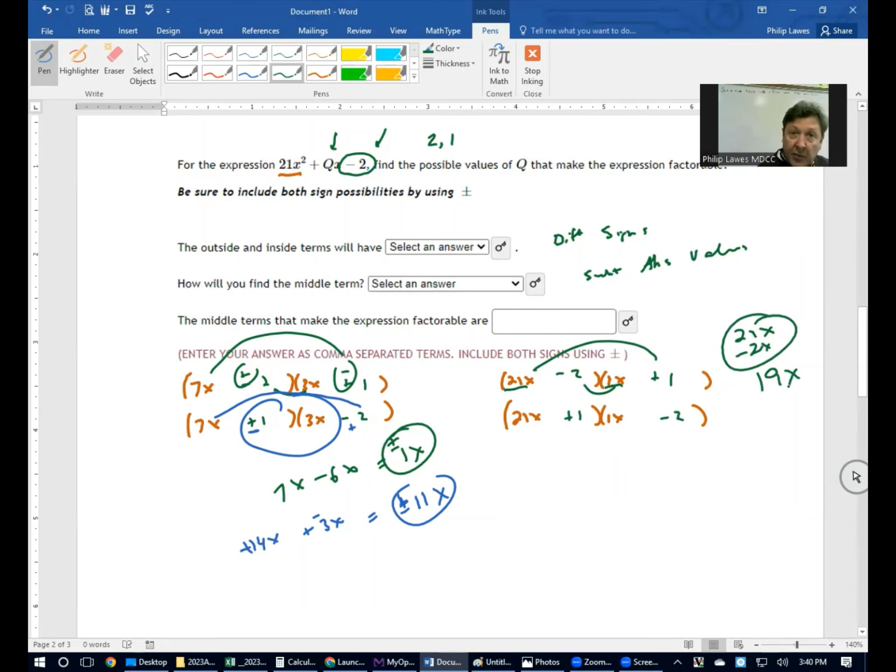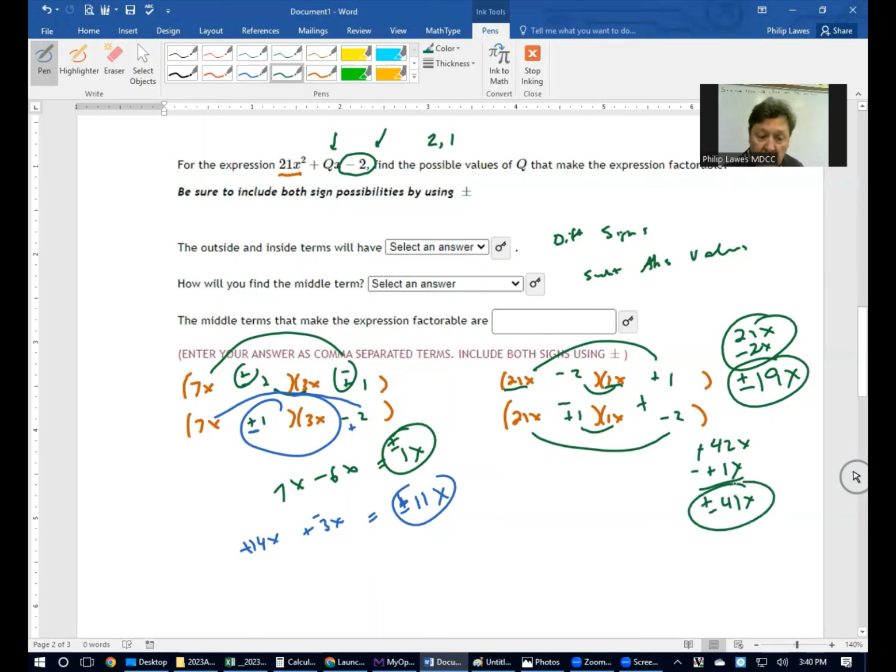If I change the signs, it would be -19x. So we're going to put plus or minus 19x. And finally, -42x, +1x gives me -41x. But if I change the signs, it'd be +41x. So we're going to put plus or minus 41x.